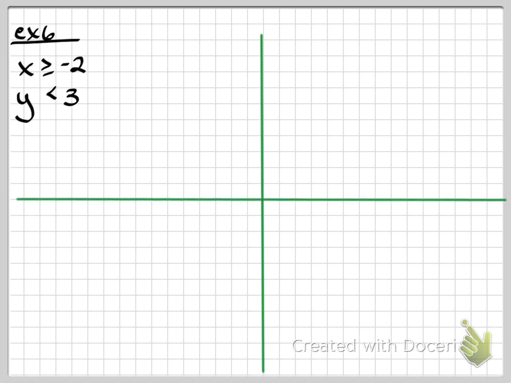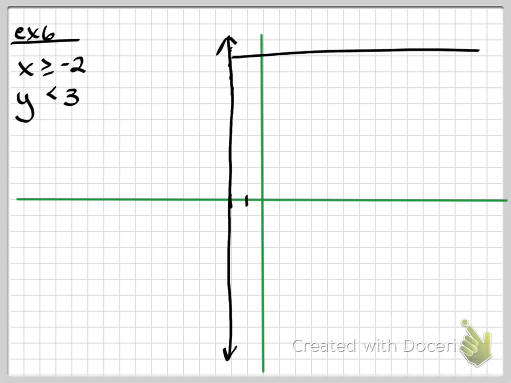Just gotta remember how they work. So the top one, x greater than or equal to -2. Go to -2 on the x, cross the x. And that's a solid line because it's greater than or equal to. And the numbers that are greater than -2 on the x are this way. Greater is to the right.